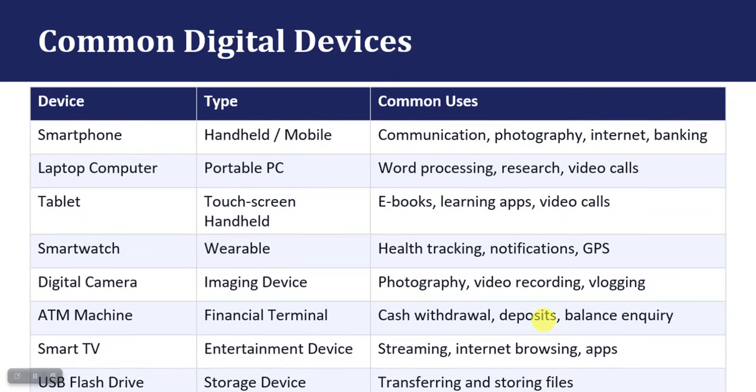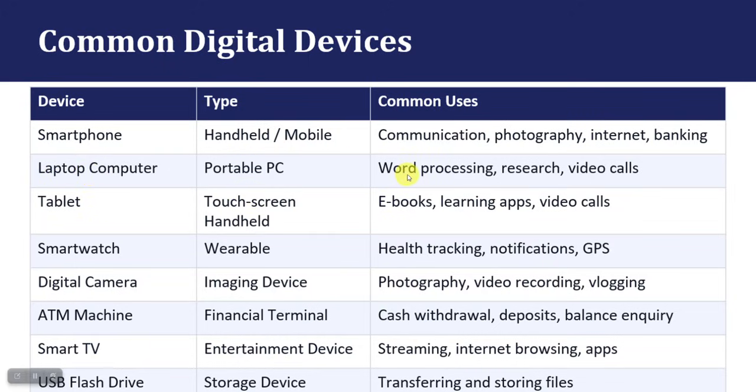Let's make this practical. Here is a table of common digital devices you probably interact with regularly: the device, the type, and the common uses. Now we are going to go through a few of them. We have the smartphone, a handheld or mobile device. What is it used for? Communication, photography, internet, banking, etc. Laptop computer is a portable PC.